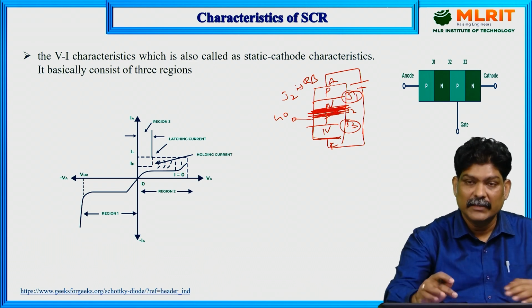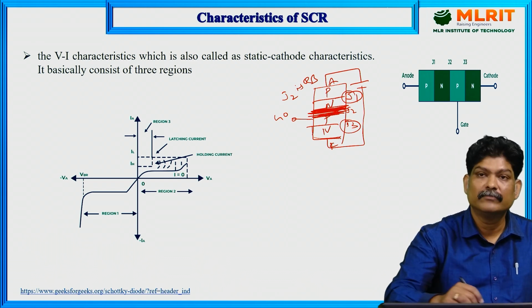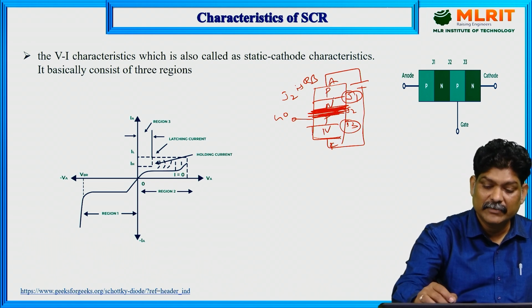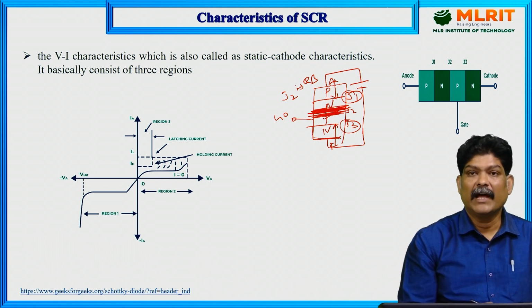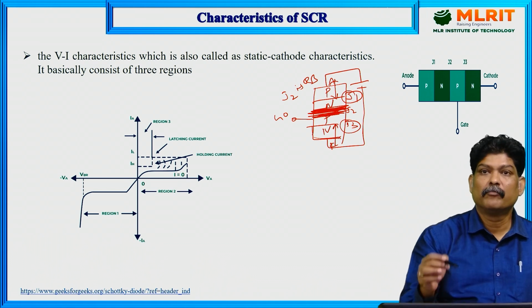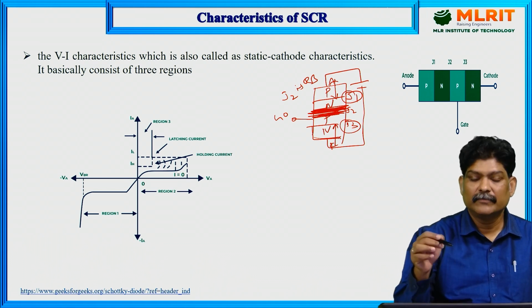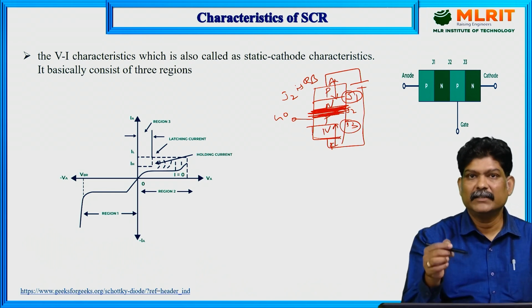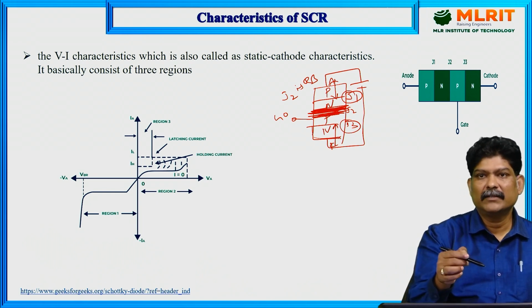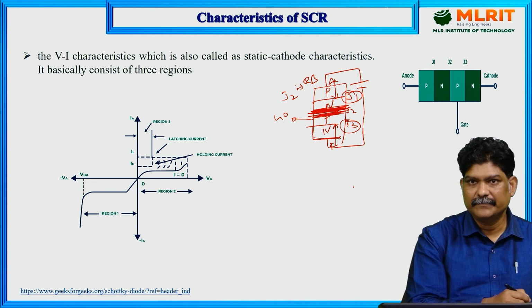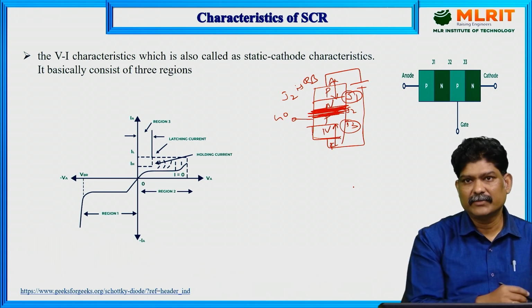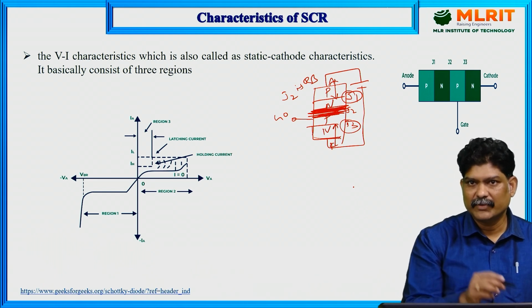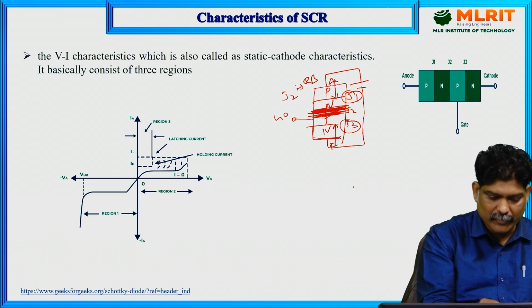When the depletion width increases, there is no chance of current flow between anode and cathode. So that blocks the current flowing through the SCR. But there is a minute current flowing through the SCR, due to some minority charge carriers. So initially there is a minute current flow like this.